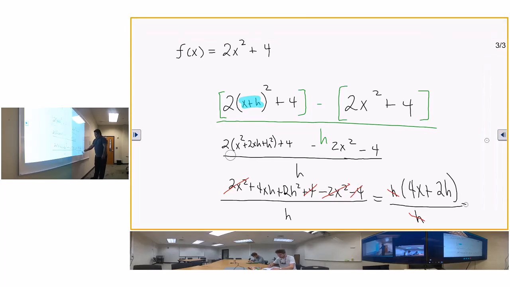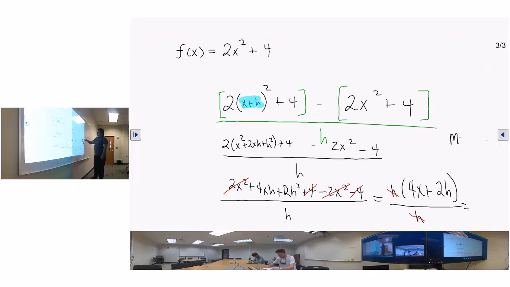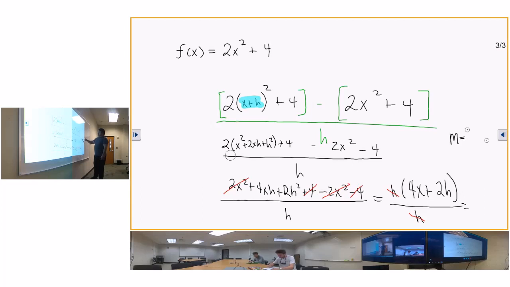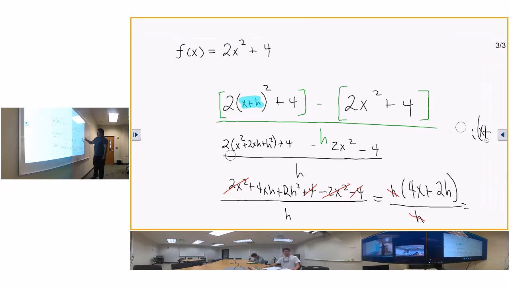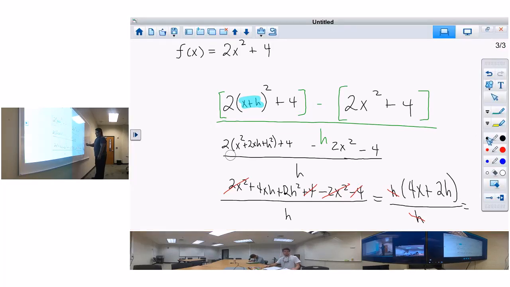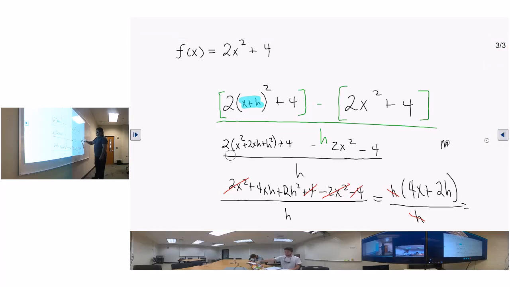Okay? So, m is equal to 2 times 2x plus h. Y'all, that's it. We get it. You get it? Yes, sir. I'm running out of room. Okay? Well, let me write it because somebody will get confused. M is equal to 2 times 2x plus h.